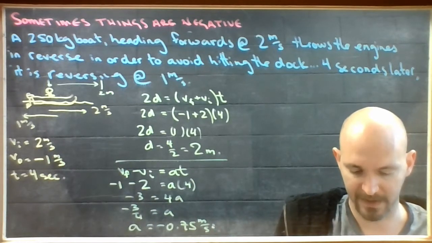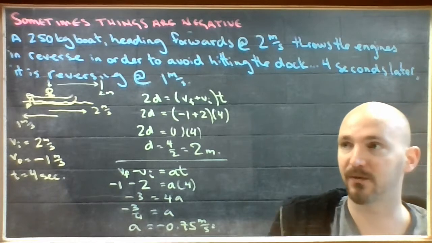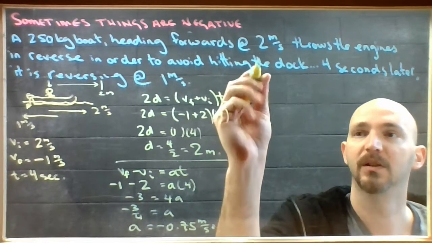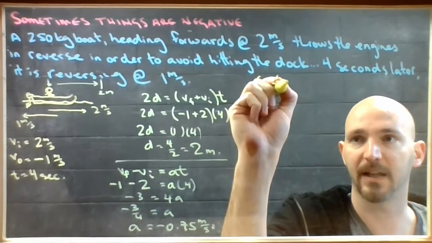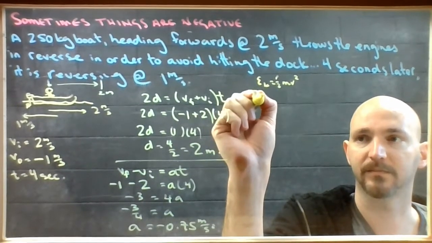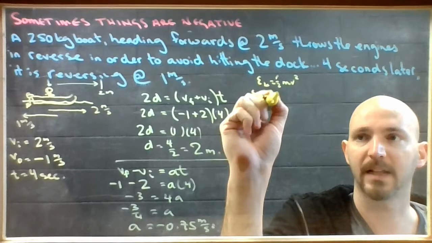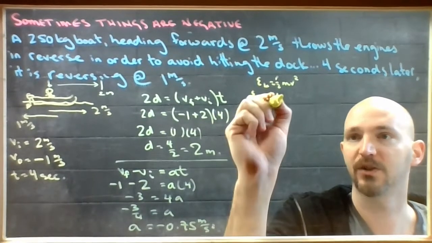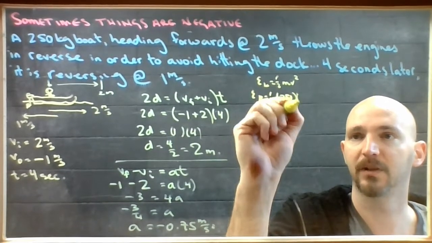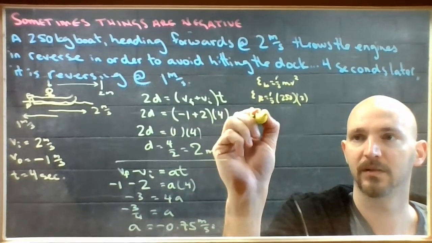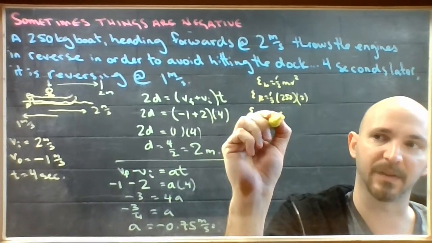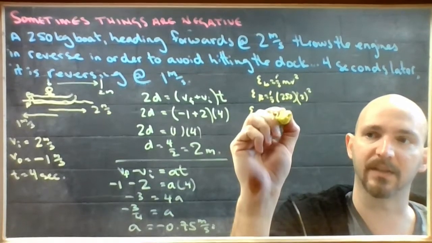So we can calculate our energy and power outputs from this particular boat. Energy at the beginning would be 1/2 mv squared. That's 1/2 of 250 kilograms, and the initial speed was 2. Half of 250 is 125, and 2 squared is 4.